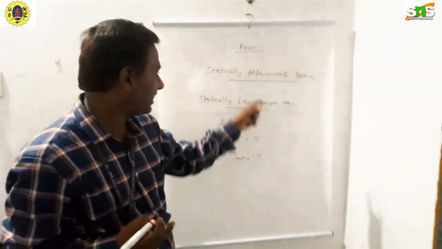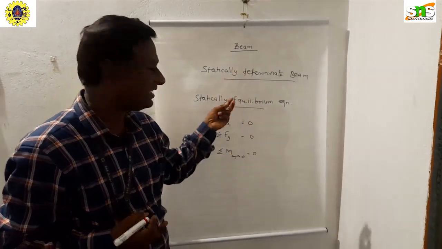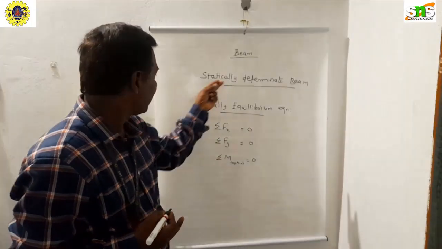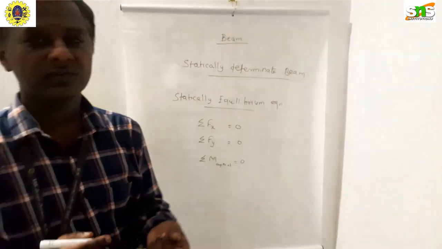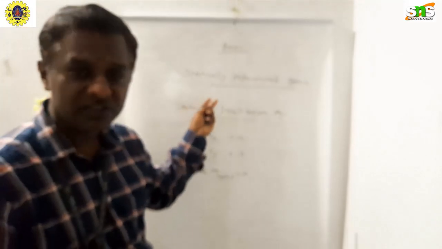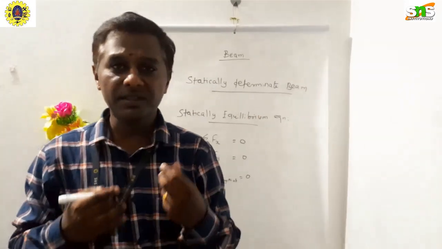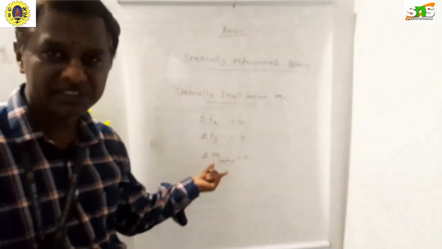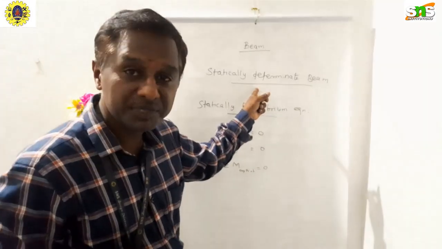Generally, the unknowns in a beam are called support reactions. So those support reactions can be solved by using these static equilibrium equations alone. The beam is called a statically determinate beam.